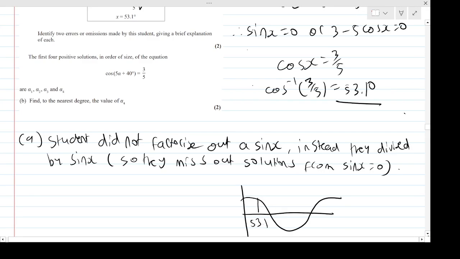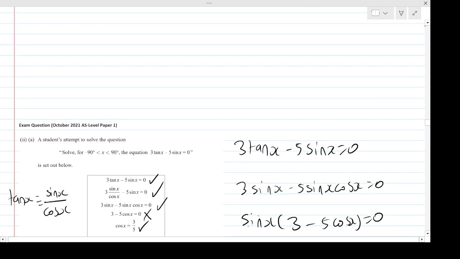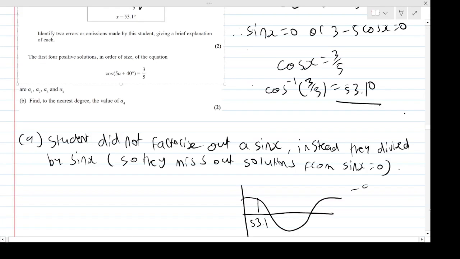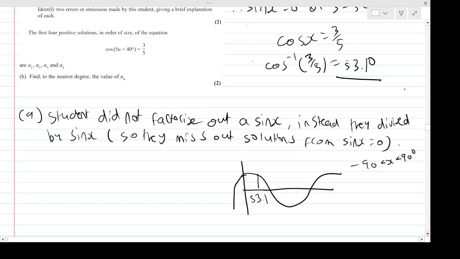But remember, the range of values was between minus 90 and positive 90. If we draw the graph a bit backwards, there we are. So minus 90 would be there. But actually, if you read off the graph, there is another solution in that interval.